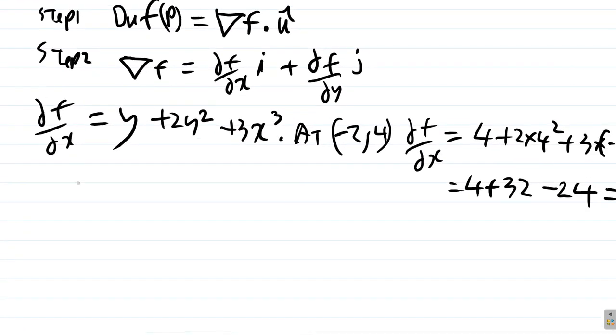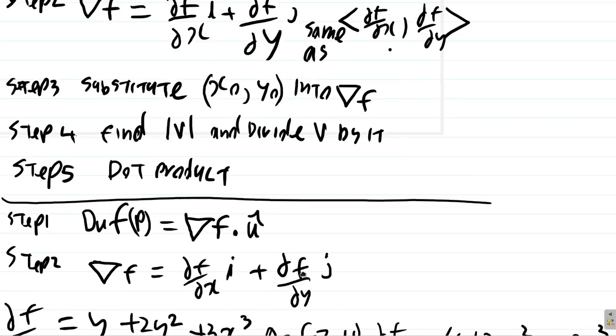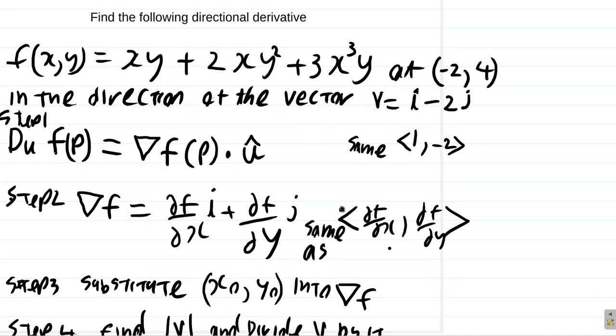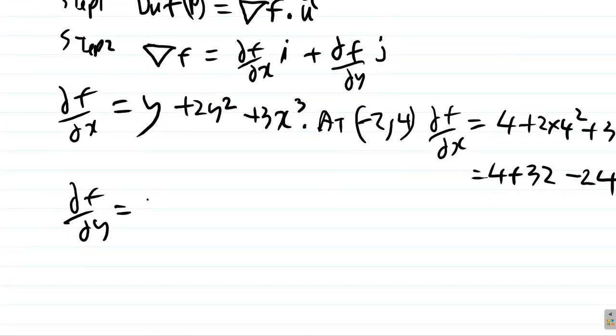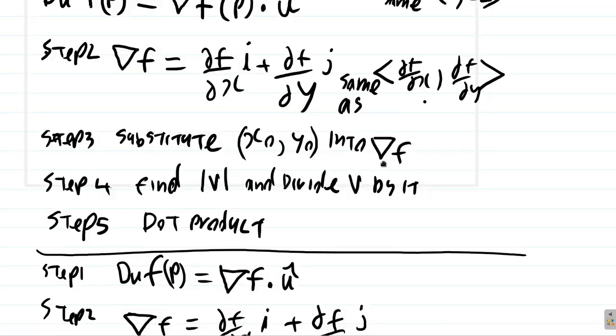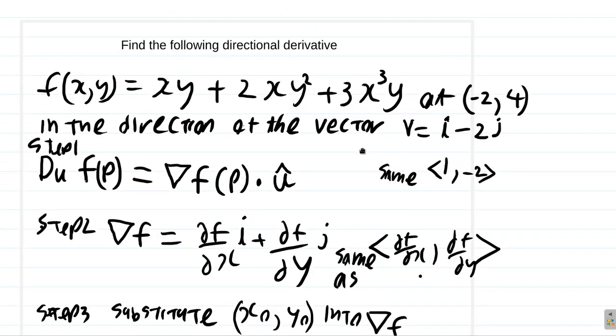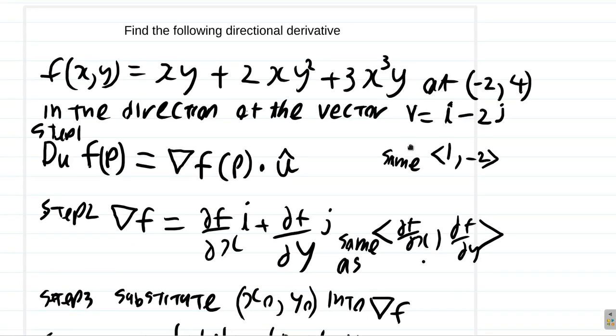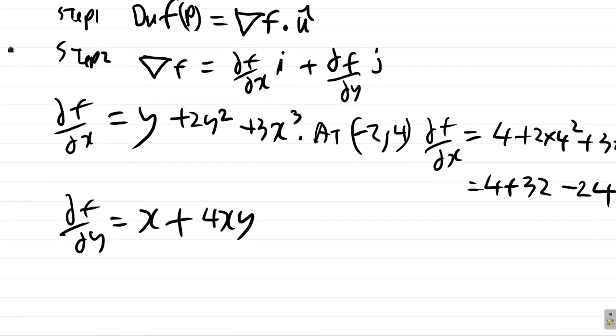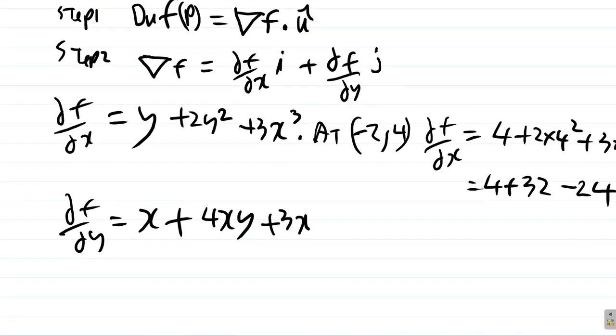Now, what about ∂f/∂y? Well, ∂f/∂y. We're going to have x plus, and here we have 2 twos, 4, so it's going to be 4xy, then plus 3x cubed.